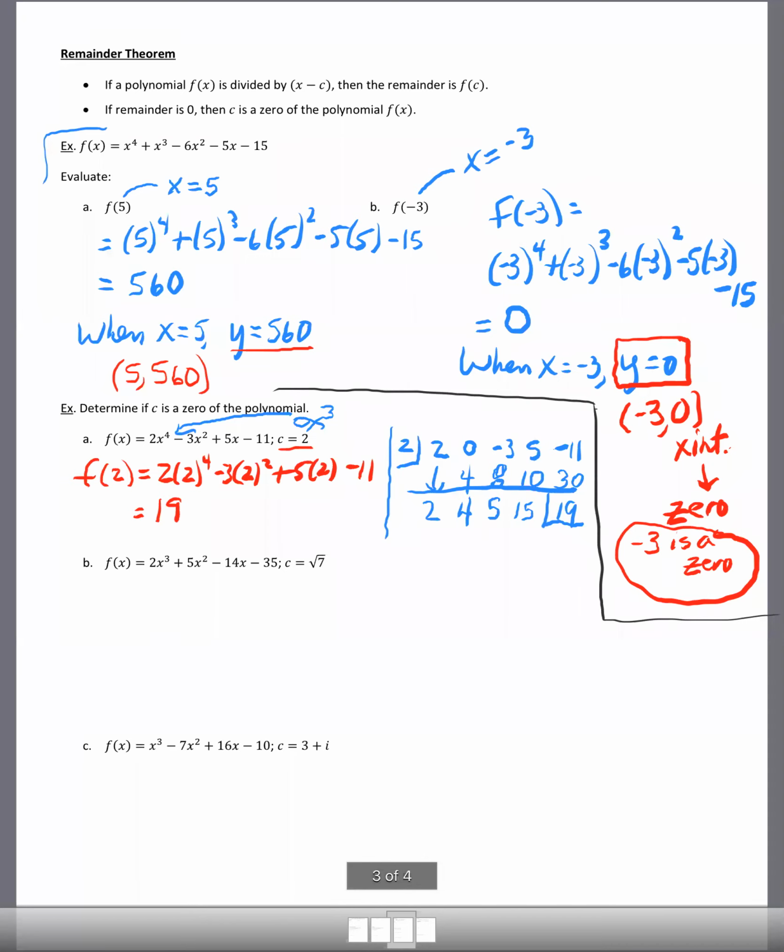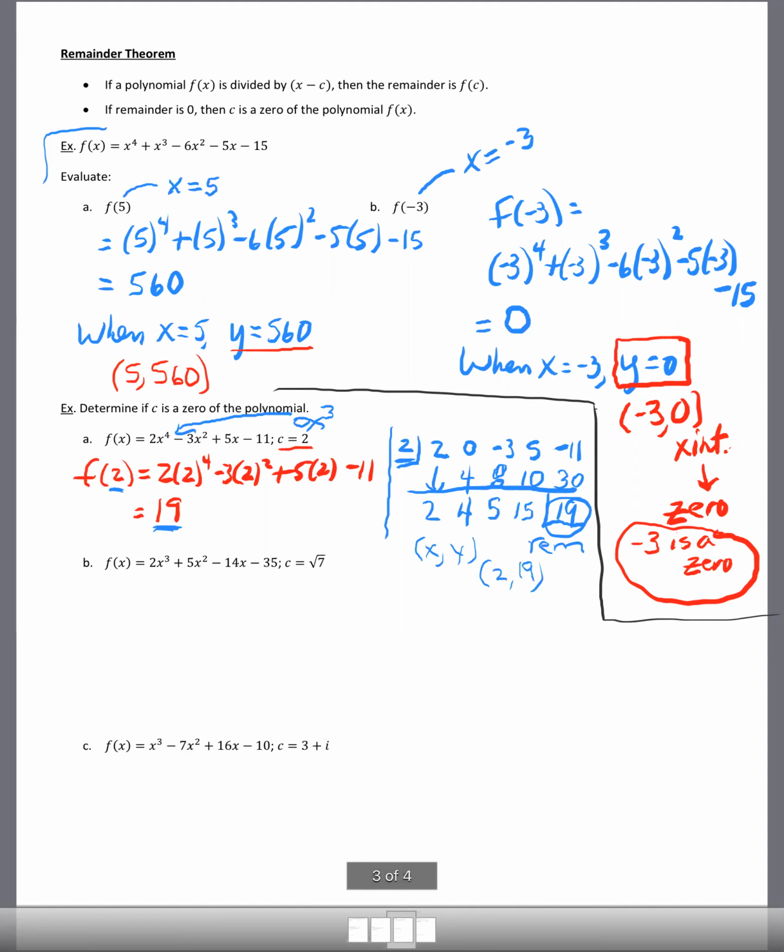So when you plug in a value for a function and you get an output, it's the same thing as if when we synthetically divide by that same number, we get the exact same remainder. So this also tells me here that there's a point x, y where x is 2 and the y would have been 19.